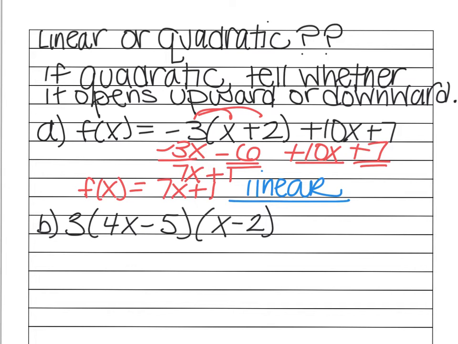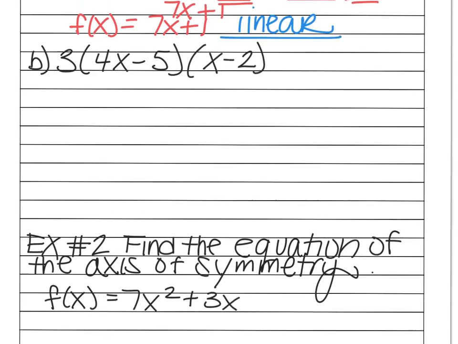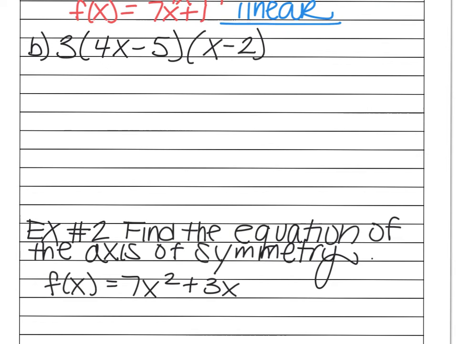Let's look at b. We need to be careful how we solve this one. Before you distribute 3, you must use something called foiling. This is where you multiply or distribute to each component here, and we've done it in several other sections.